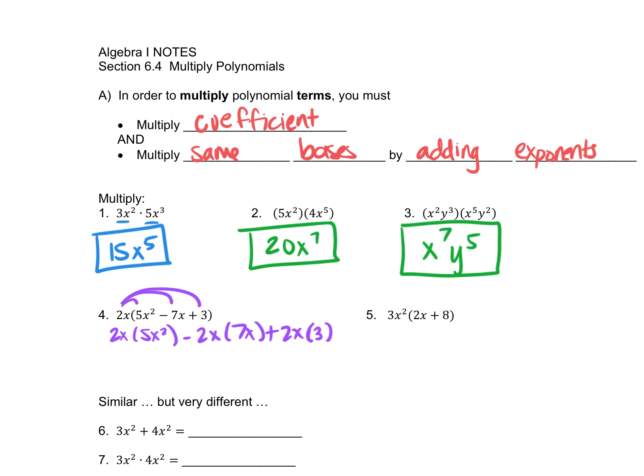So 2x times 5x squared is 10x to the 3rd. 2x times negative 7x is going to be minus 14x squared. And then 2x times 3 is 6x, so plus 6x. So each of your signs needs to stay the same if this is a positive number on the outside. Okay? Okay, go try this next one on your own.